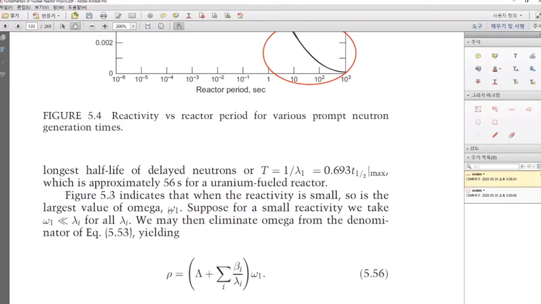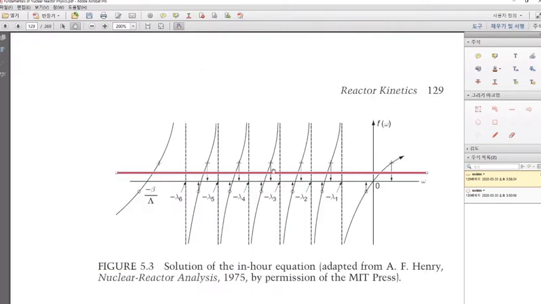It will be very close to 0 because we could see the linear relation between omega and reactivity. If reactivity approaches 0, then this omega will also approach 0.